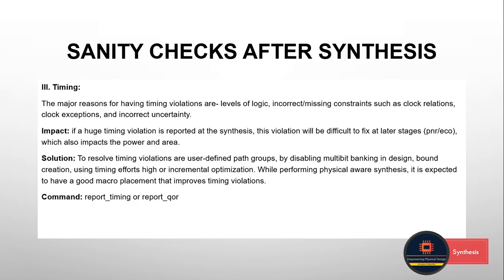For this timing, we use the command report timing, or we can directly go with the report keyword. In the report keyword also it will mention all the timing details. So these are the three main checks that we perform at SDC.